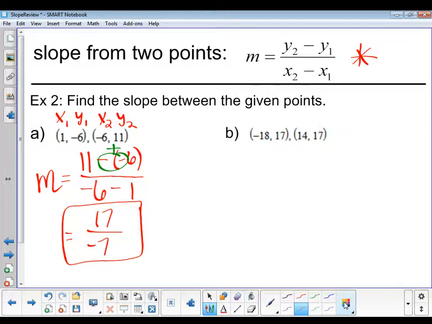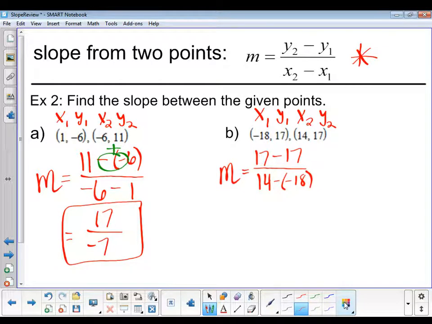Part B. This one has something a little bit different going on about it, which you'll see here in a moment. So again, I'm going to let my first point be my x1, y1, and then the second point is going to be my x2, y2. So I'm going to set up my slope equation, m equals my y2 of 17 minus my y1 of 17 over my x2 of 14 minus my x1 of negative 18.